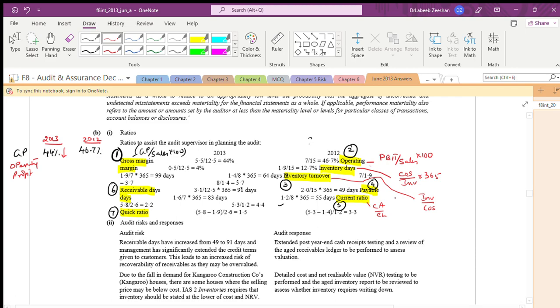Receivables turnover days. Receivables divided by sales, receivable into 365.